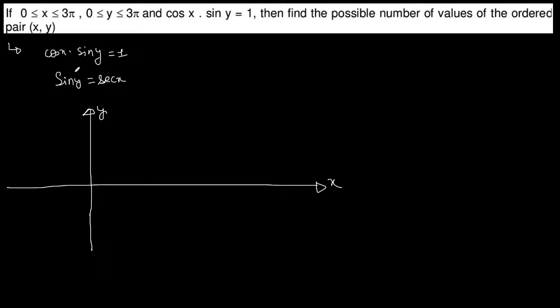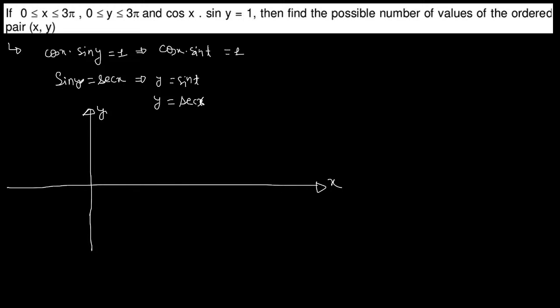No, we'll consider this sin y as y equal to sin t. y is written as t, and y equal to sec x. This is how we'll consider. This could be written as cos x sin t equal to 1, because both the values are varying.